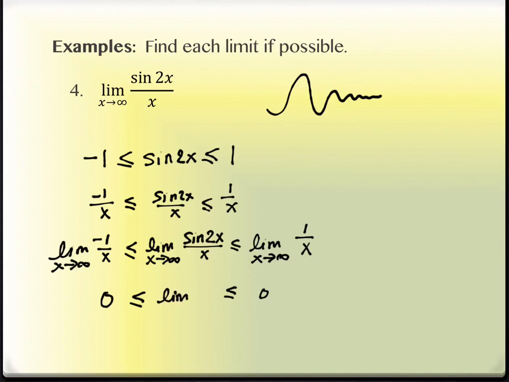The limit as x goes to infinity is what's in there. So the only thing we are able to let that be is 0. It has to be both bigger than or equal to 0 and smaller than or equal to 0, which means it has to be 0. There's no other option. So therefore, the limit as x goes to infinity of the sine of 2x over x is also equal to 0.